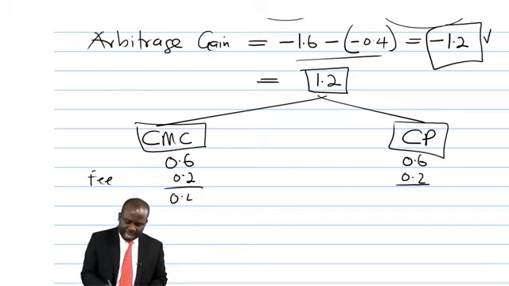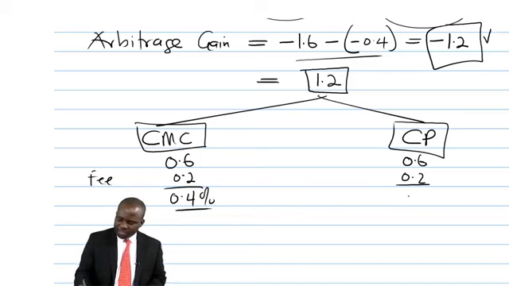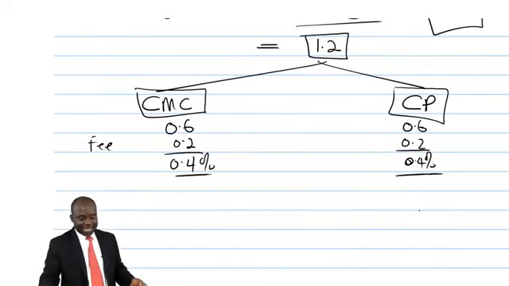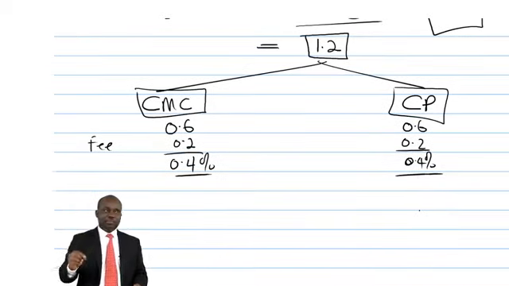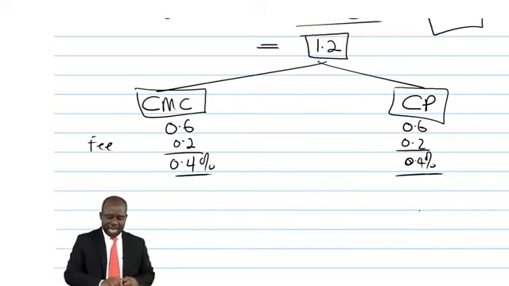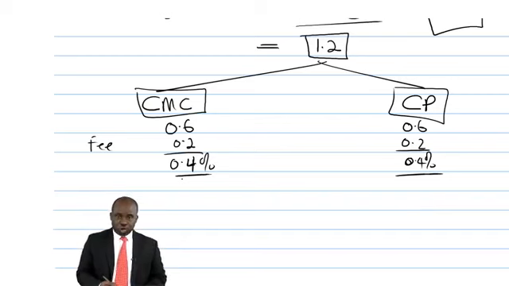So technically, we will benefit 0.4%. We will benefit 0.4%. This is what technically the examiner wanted. So CMC, by entering into this swap contract, every year will save interest of 0.4.